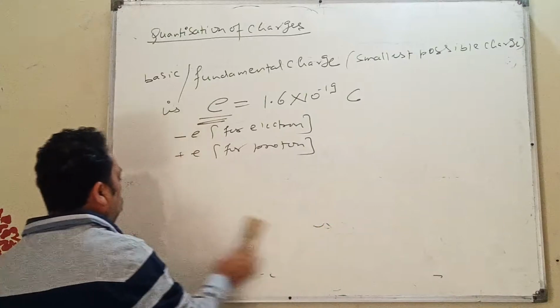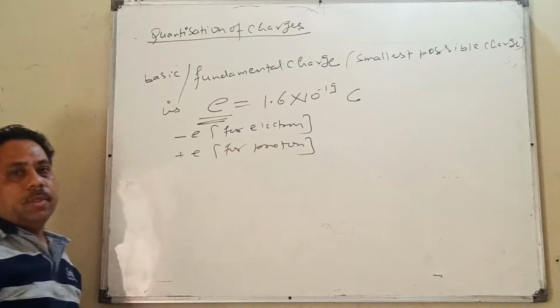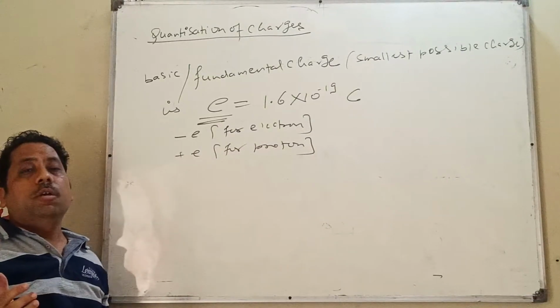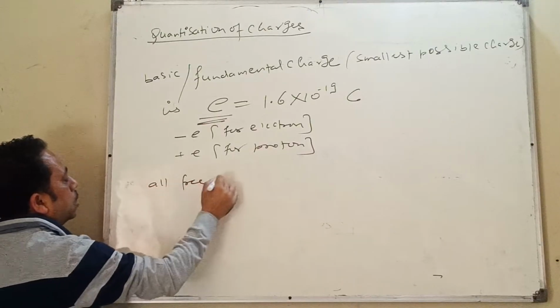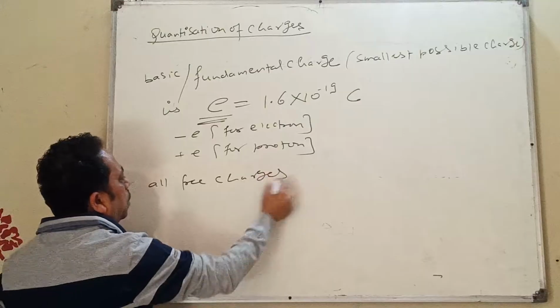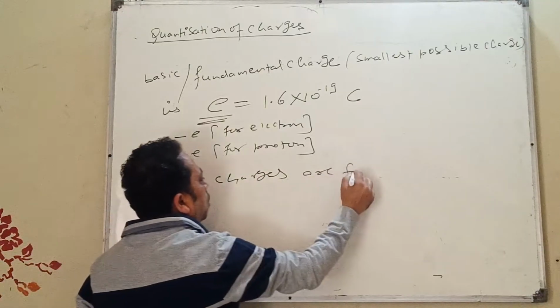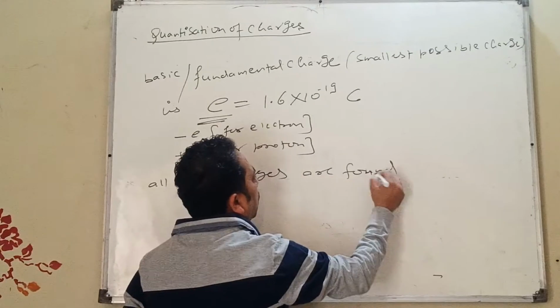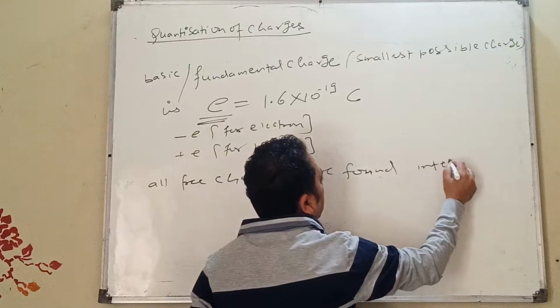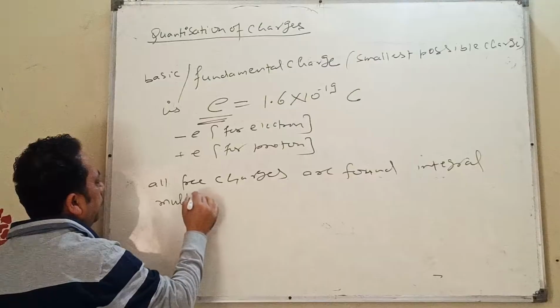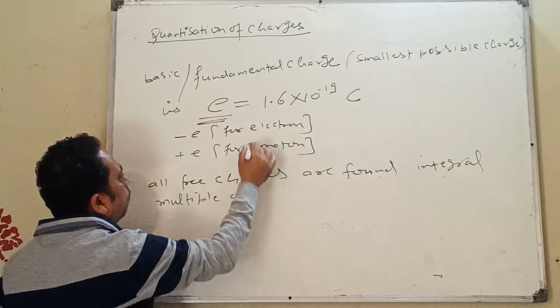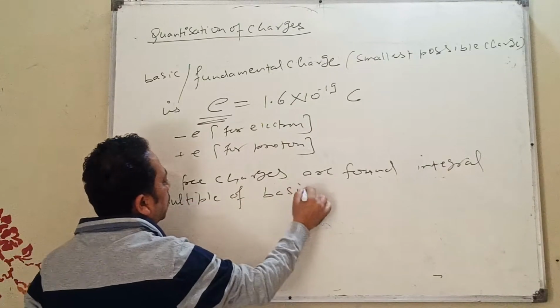Charge on any body which is charged, all free charges, are found to be integral multiples of the basic charge e.